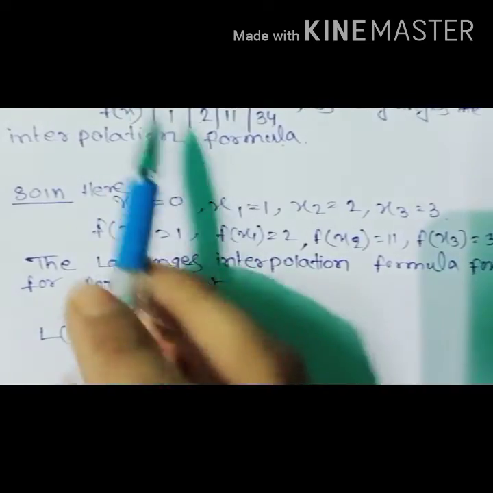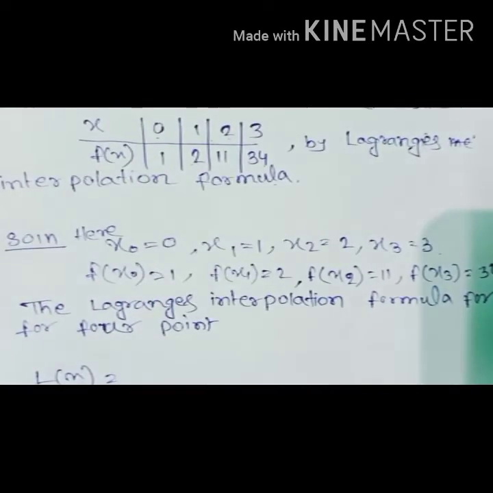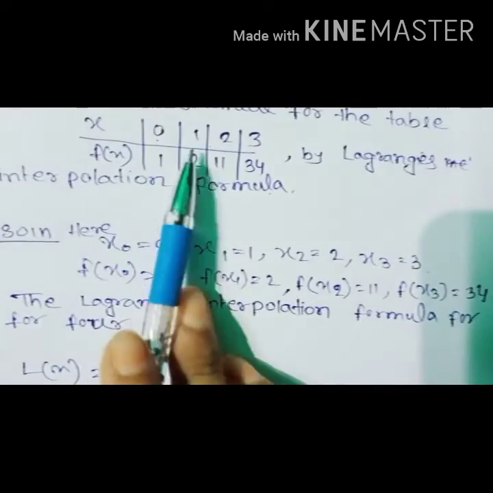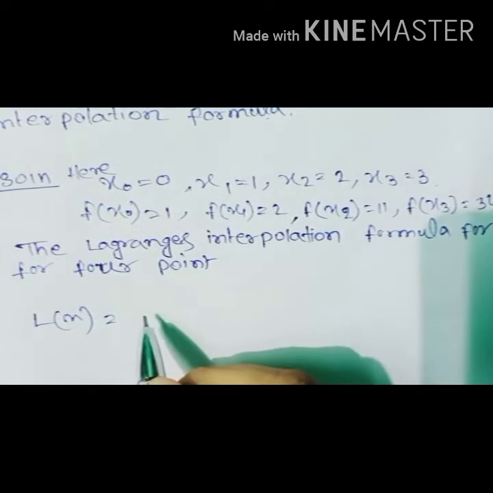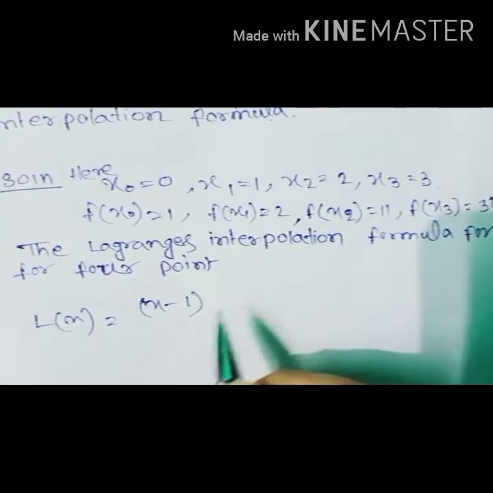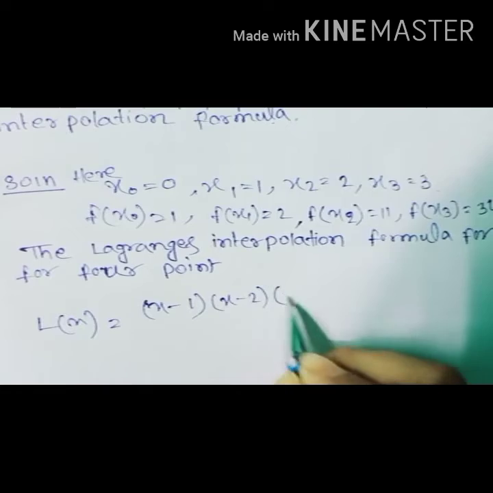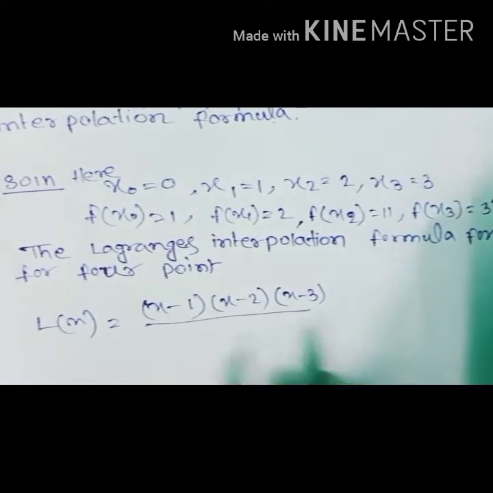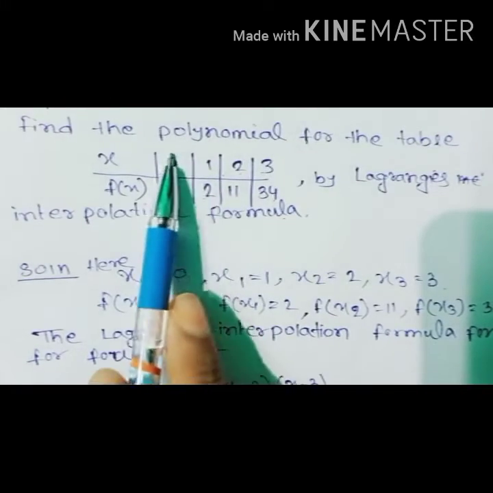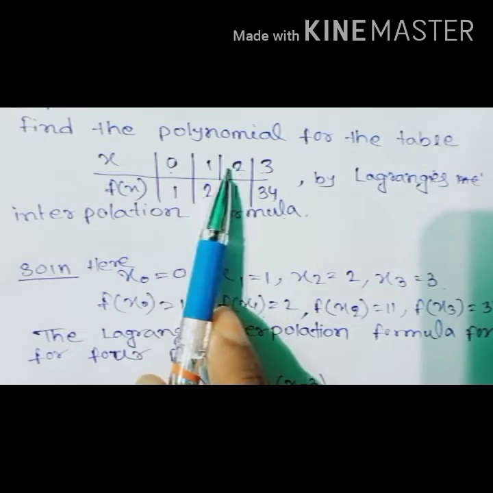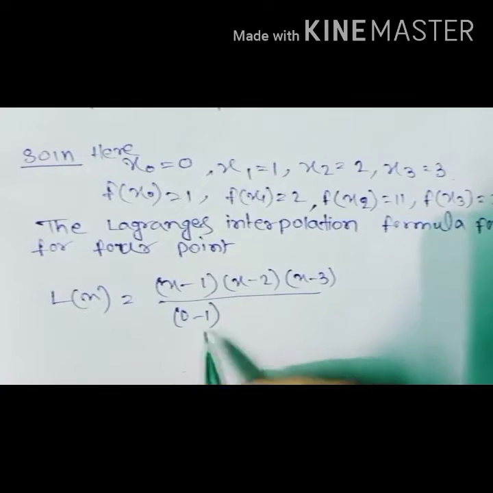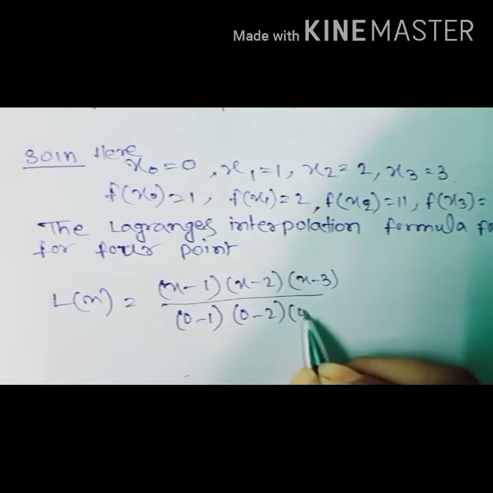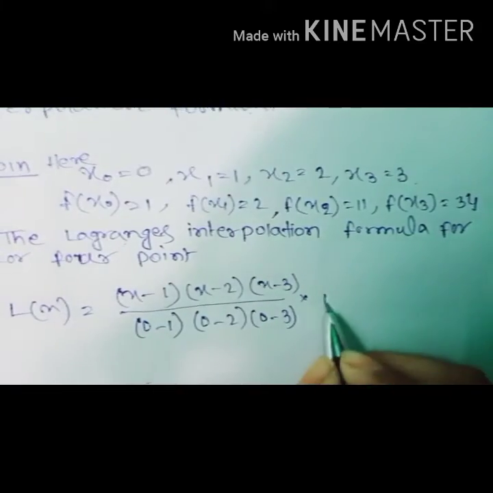First we have to exclude x0, so x minus 1, x minus 2, x minus 3, divided by 0 minus 1, 0 minus 2 and 0 minus 3, into f(x0). What is f(x0)? 1, so into 1.